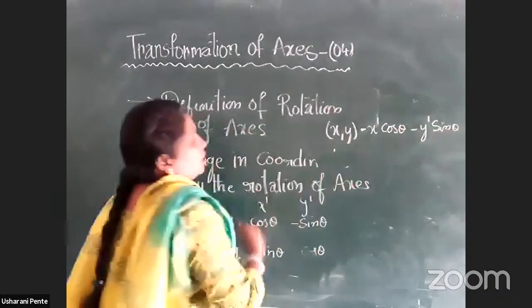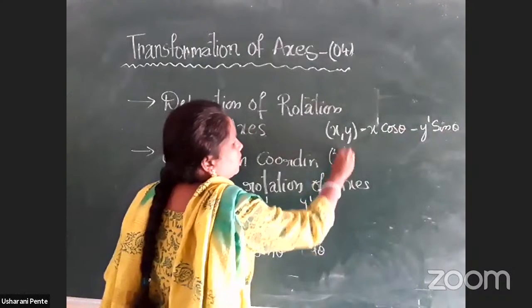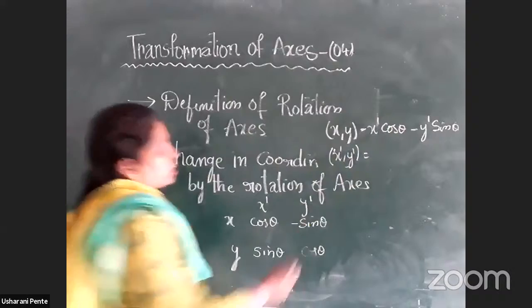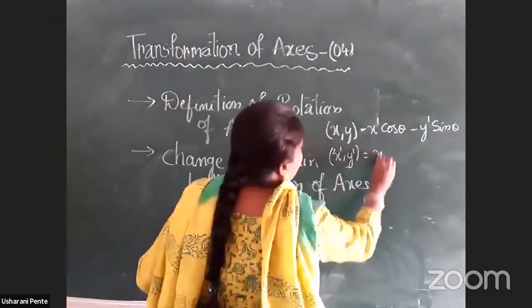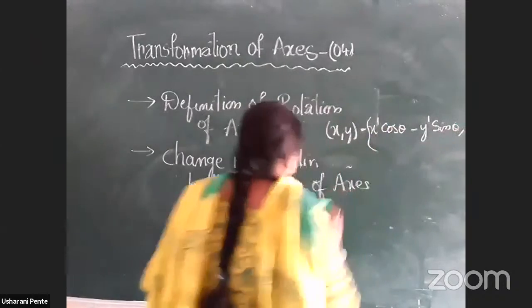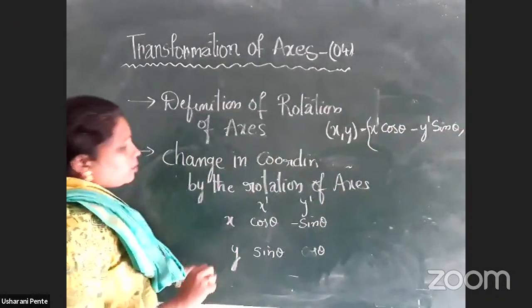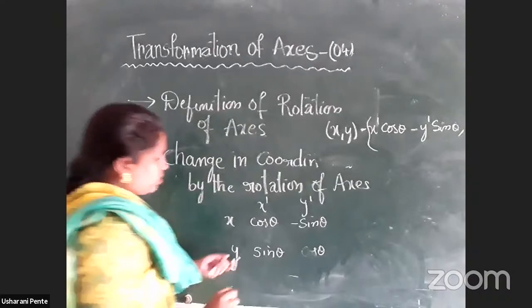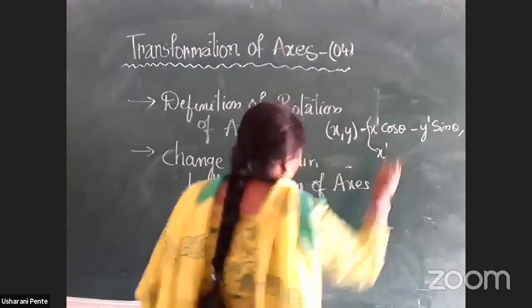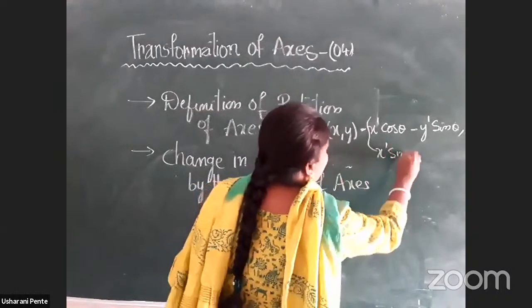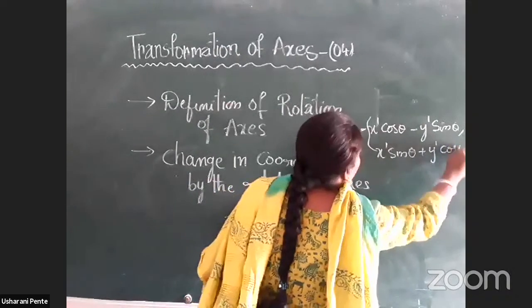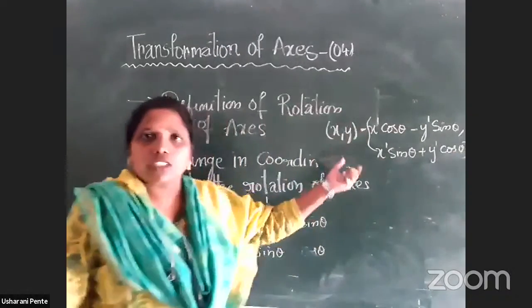And the y coordinate with respect to the original system is y = x dash sin theta plus y dash cos theta.